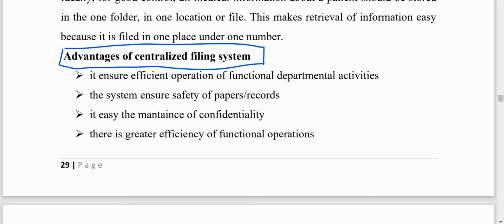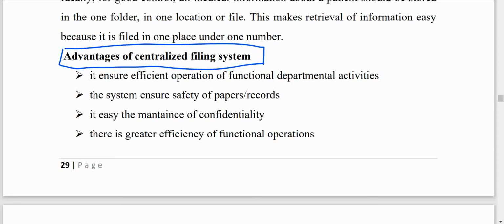Number two, the system ensures safety of papers or records. Probably if each and every department should take care of their records, some of them may not have the complete knowledge of protecting their records from other enemies of records, therefore leading to a loss of records, record alterations, and other damages.